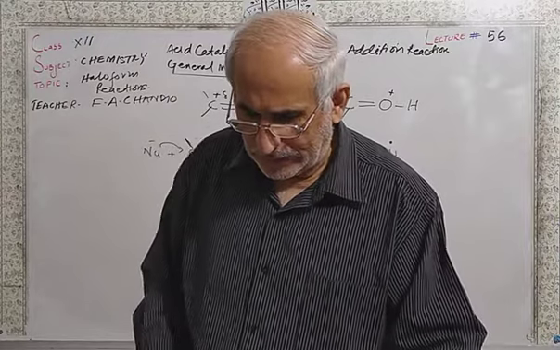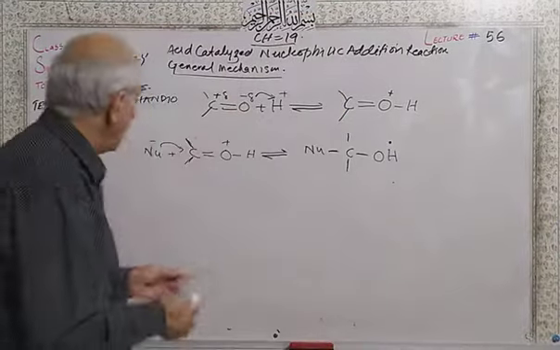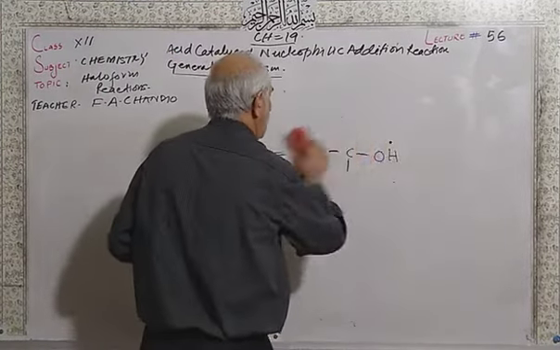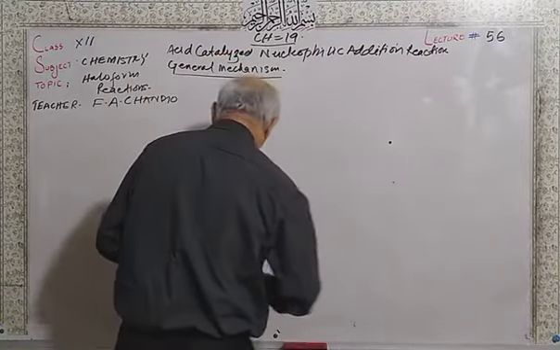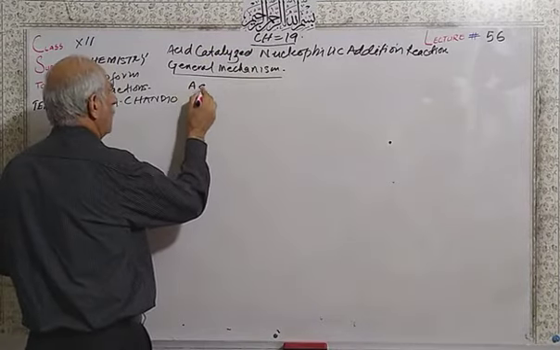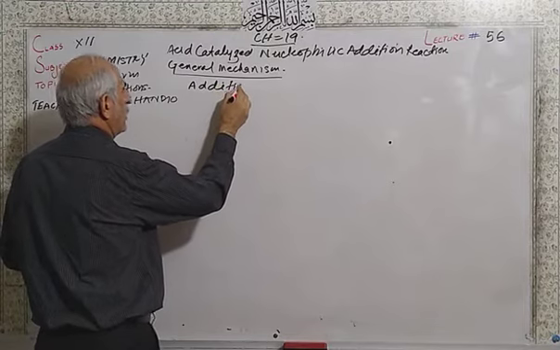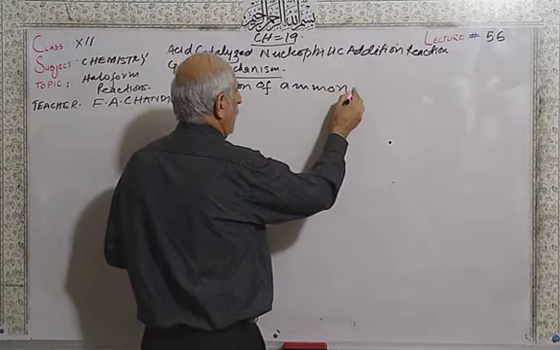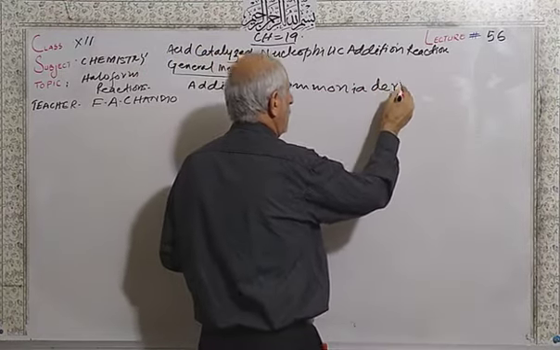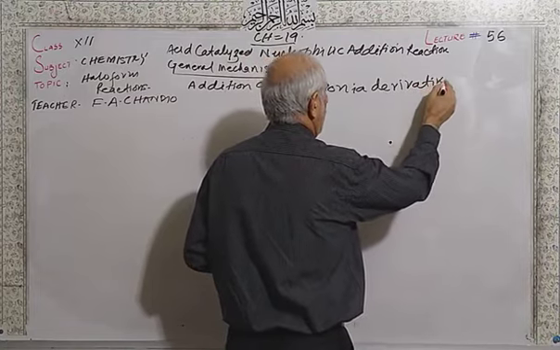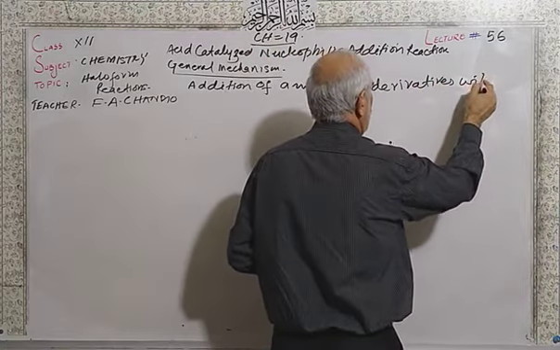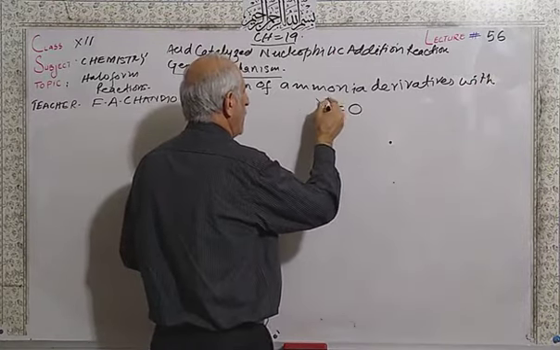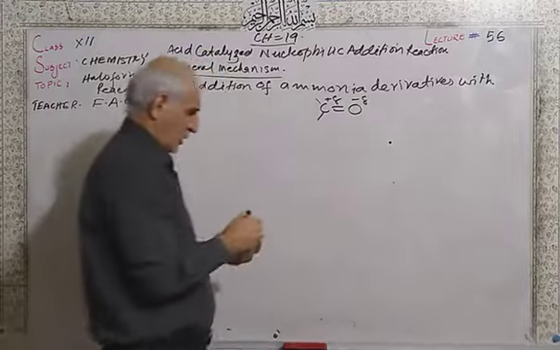So this is the addition of ammonia derivatives with the carbonyl group, meaning maybe aldehyde and maybe ketone.